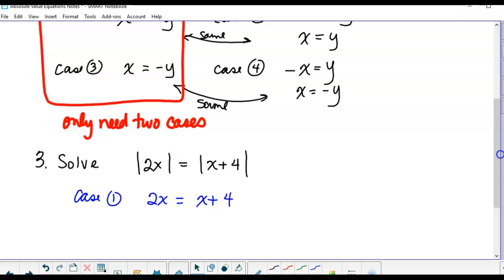They're both positive to start. Case 2 is where you keep one the same and change the other one. So maybe I change the sign of this one, because it's only one term, and keep the other one the same. Okay, and solve those, and then verify.